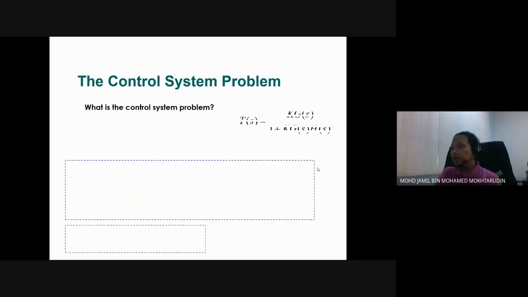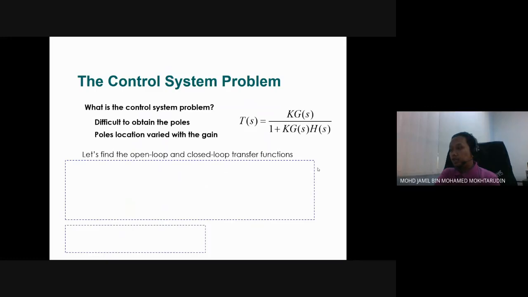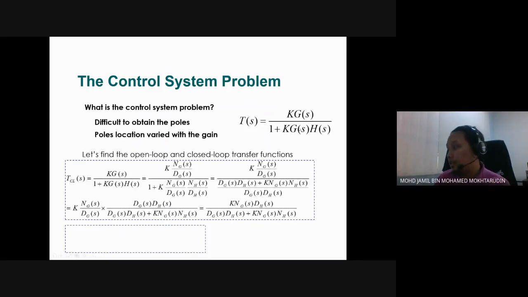Okay, so let's say you are given a closed loop transfer function T(s) here. Each of the G and H probably has its own numerator and denominator. When you expand each G and H in terms of its numerator and denominator, this is just an example, so you don't need to memorize it, this is not a formula.